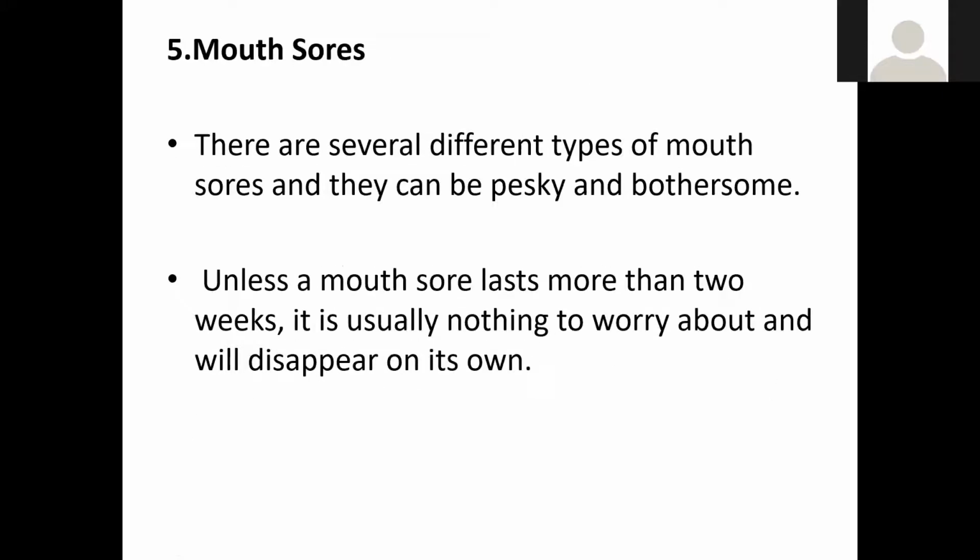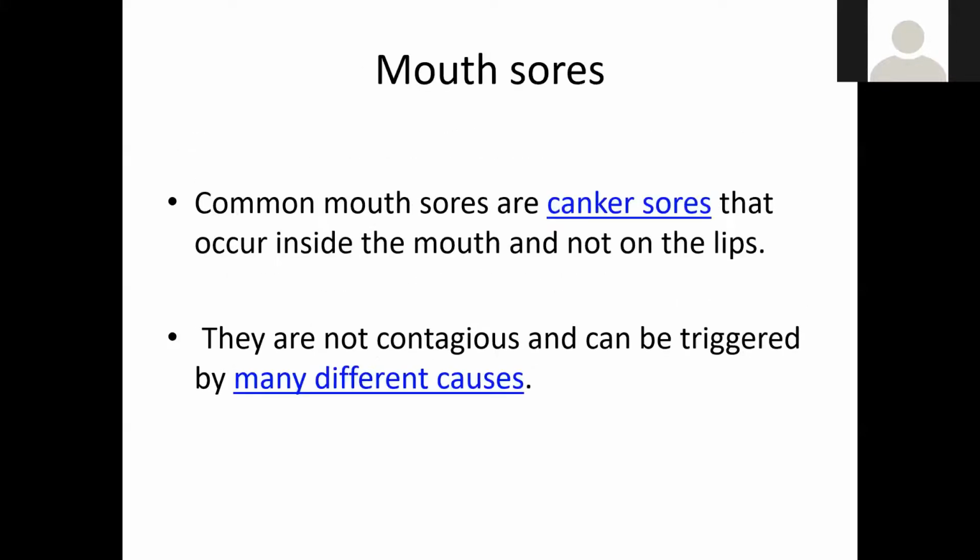And mouth sores, there are different types of mouth sores. They may be pesky, bothersome, but they usually last not more than 2 weeks, and there's nothing to worry about. They will disappear on their own. The common mouth sores include canker sores, which occur inside the mouth and not on the lips.